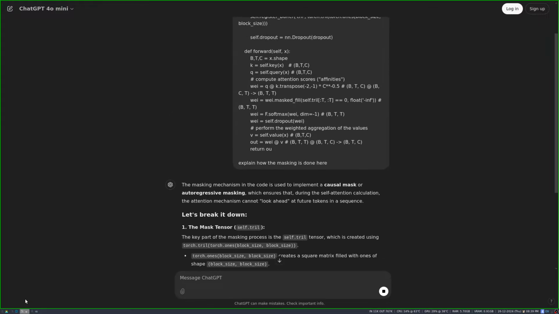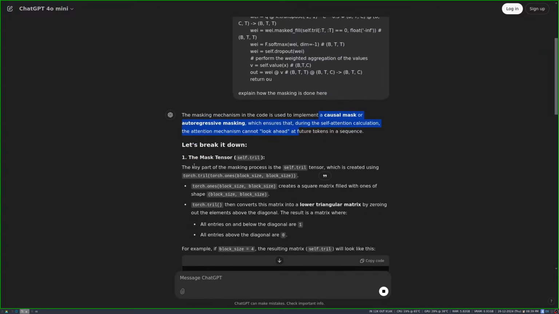The masking mechanism in the code is used to implement a causal mask or auto-regressive masking that ensures that the self-attention calculation cannot look ahead. The key part is the tril tensor, which is created using torch.tril. What does this create?